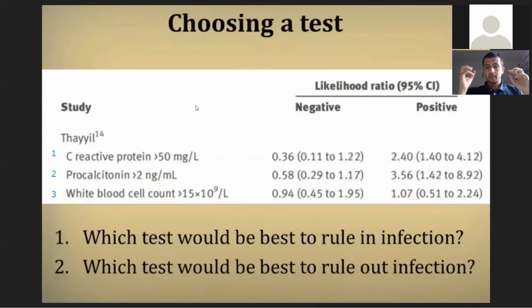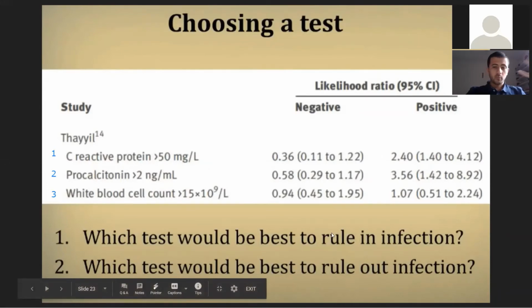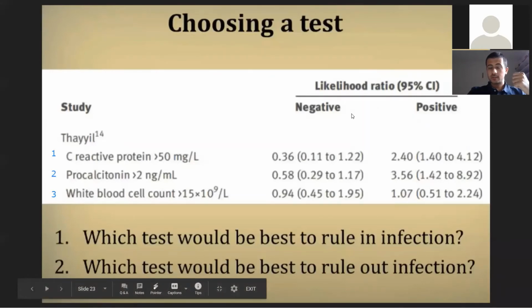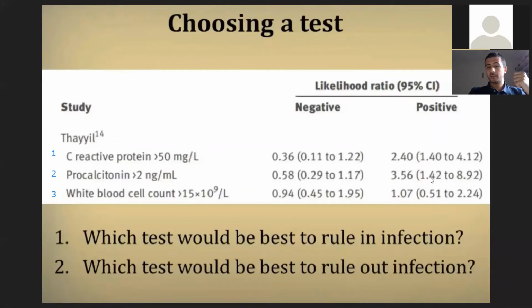Let us say that I ordered the test and it is positive, okay? And I want to rule in that infection. What is the best test? It's actually the second one. Why? Because I need the positive likelihood ratio to be the maximum, okay?